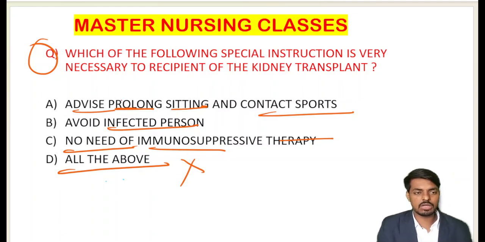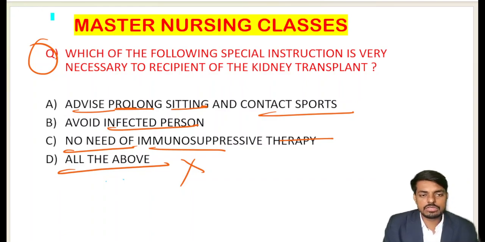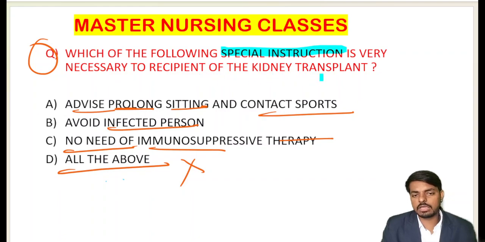Here is the question: which of the following special instructions is very necessary for the recipient of a kidney transplant? Students, the option says advise. If you misread this word, it will spoil your answer.